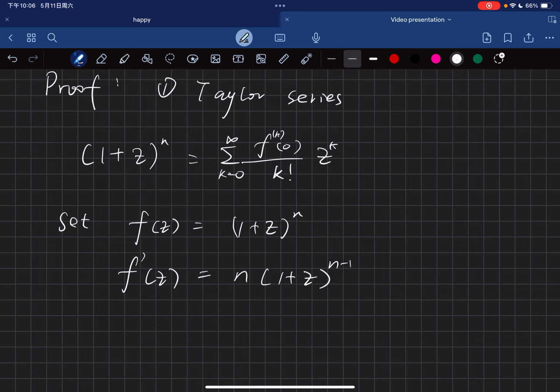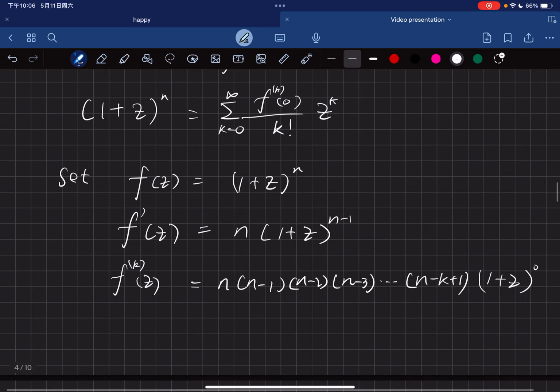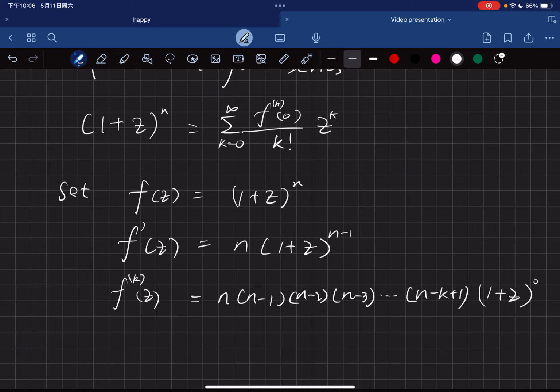If we take the kth derivative of the function f(z), we get n times n minus 1 times n minus 2 times n minus 3, and so on until n minus k plus 1, times 1 plus z to the power of n minus k.